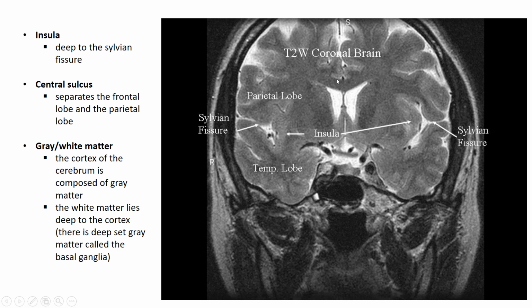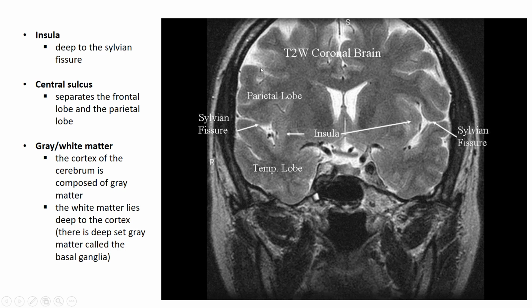This is a white matter tract. You've got the anterior horns of the lateral ventricles, the right and the left. And then we have the temporal lobes here, the right temporal lobe, the left temporal lobe, the Sylvian fissure on the right and on the left. And then just deep to that is the insula, left insula, right insula. So this is a good visualization of that on a T2 weighted coronal image.